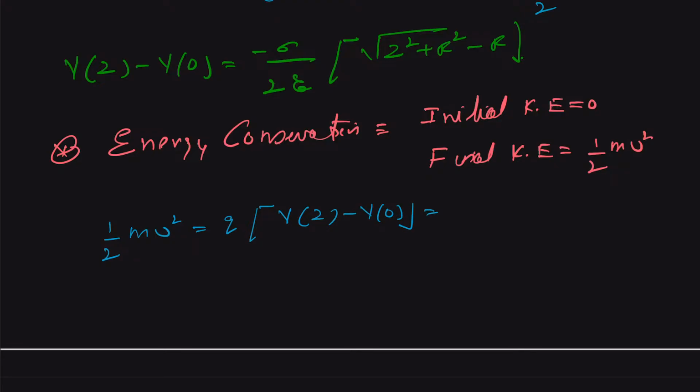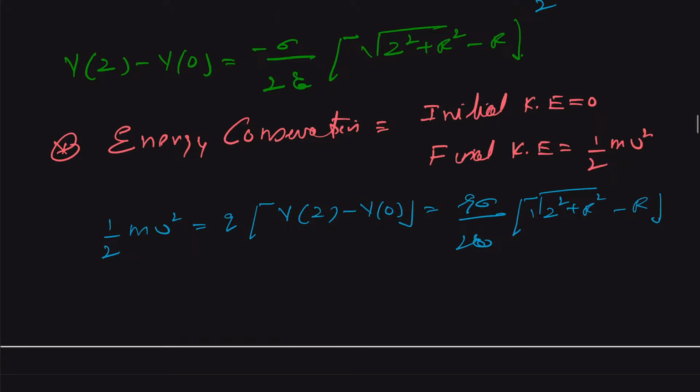So we already found it, so this comes as q sigma upon 2 epsilon naught, times the square root of z square plus r square minus r.